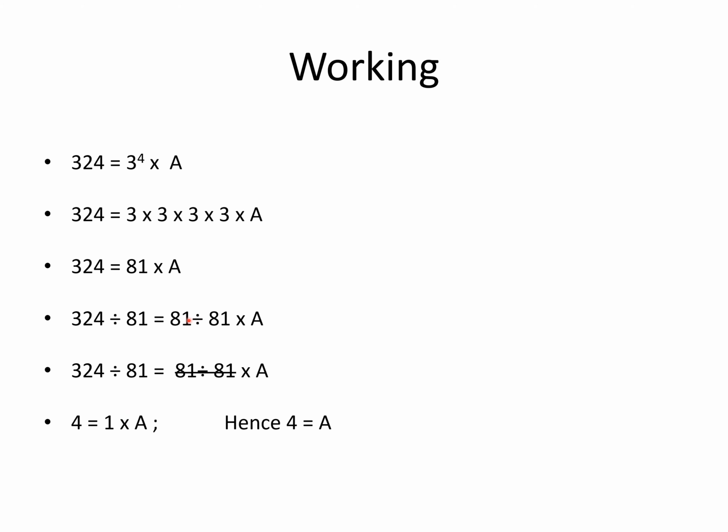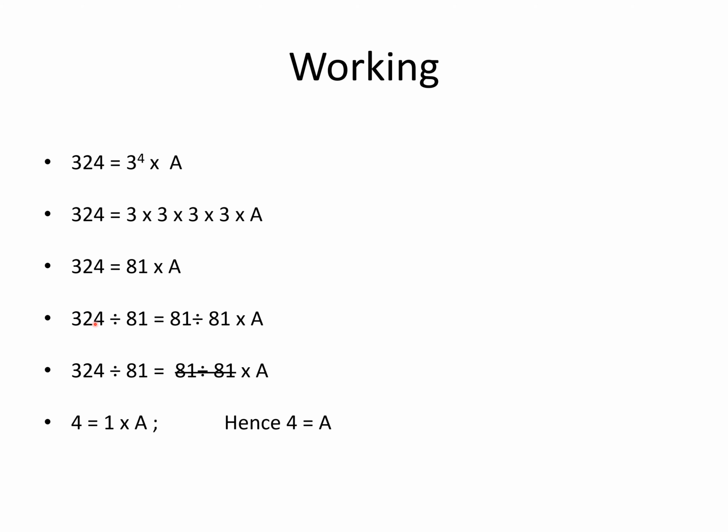Now anything that we do on this side to get the equivalent, we have to do the same thing on the other side. So because we wanted to get a alone on this side, or 1a, we divide 81 by 81 and we end up with 1 to get 1a.